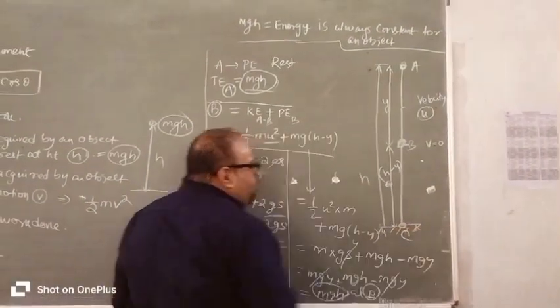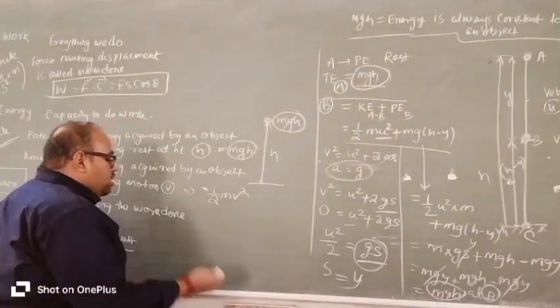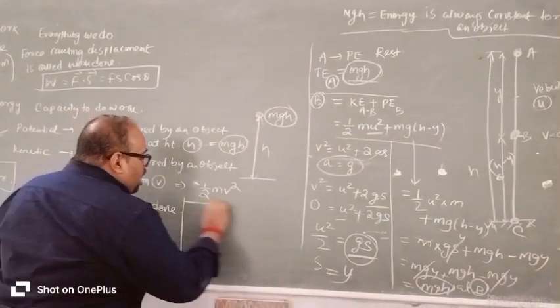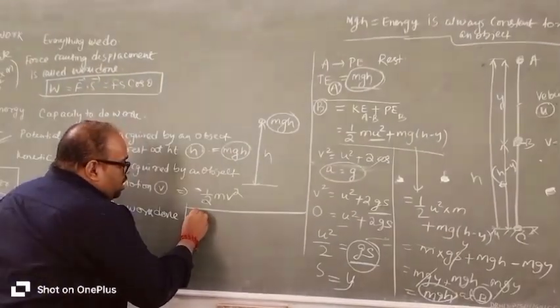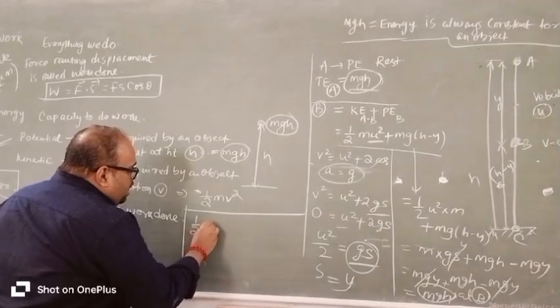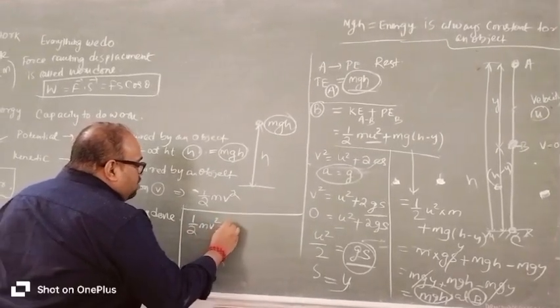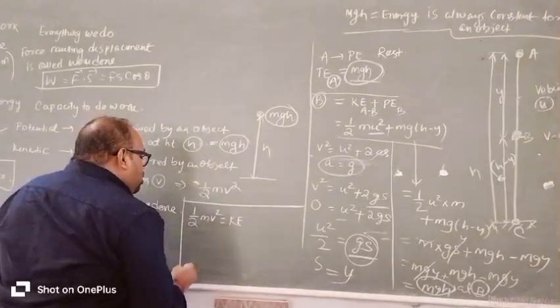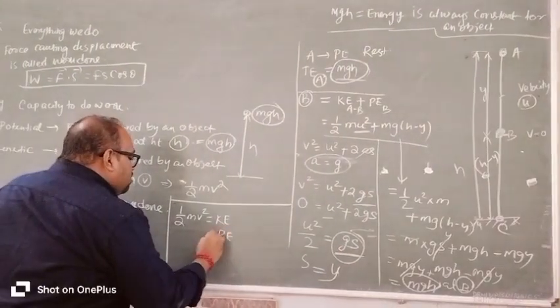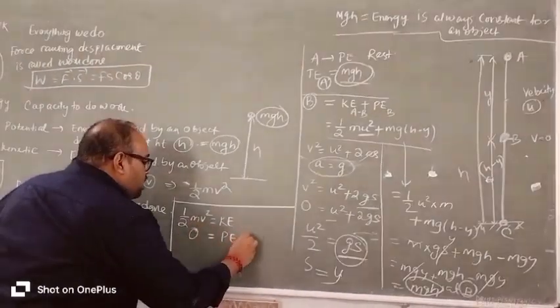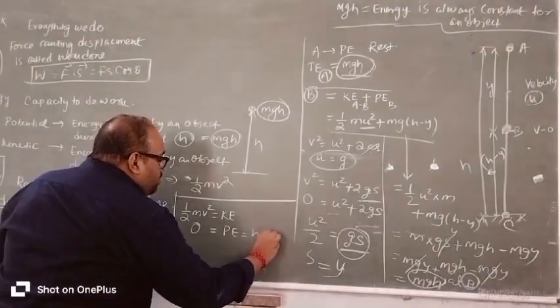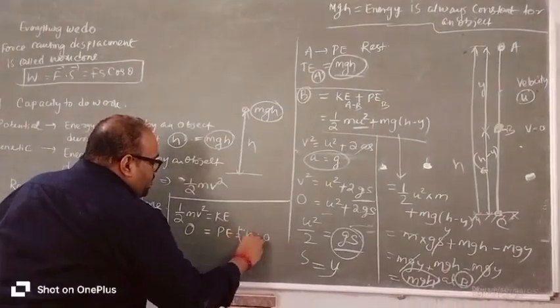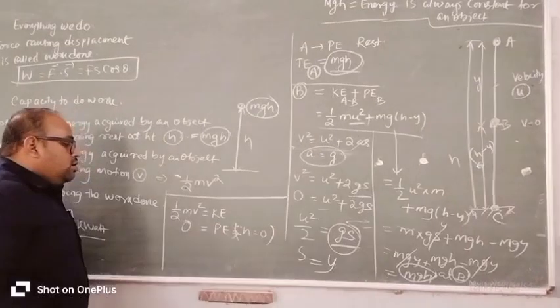After crossing B, the object reaches the ground, touching at point C with velocity v. So I can write half m v square as the kinetic energy, and the potential energy equals 0 because the height is 0 here.